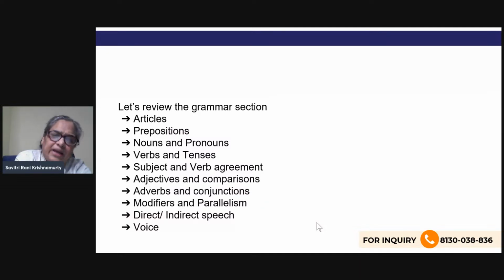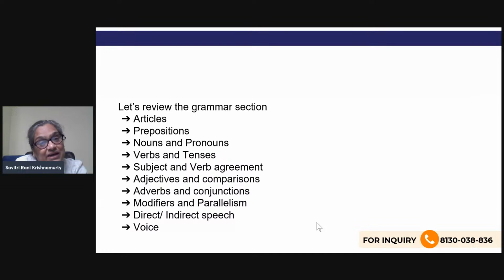Fill in the blanks can be vocabulary based or grammar based. If it's grammar based, it's mostly prepositions. Then I have a few questions on verbs and tenses. I haven't done much of nouns and pronouns because I haven't seen too many questions on them, but they do look at how well you know your parts of speech.